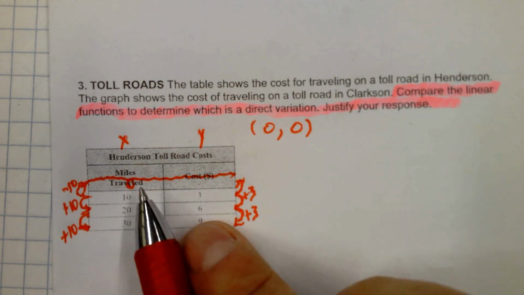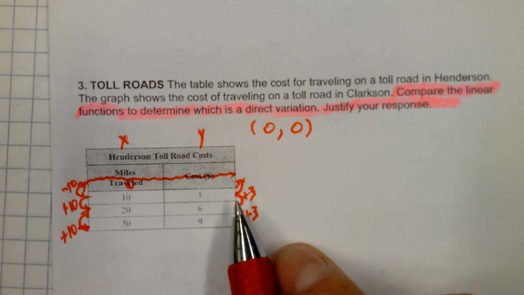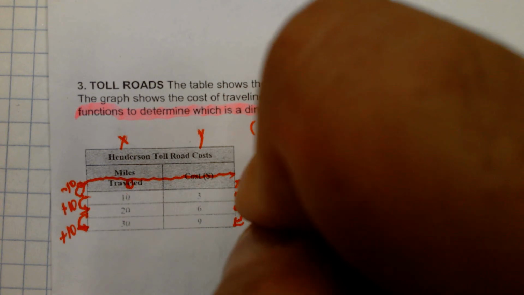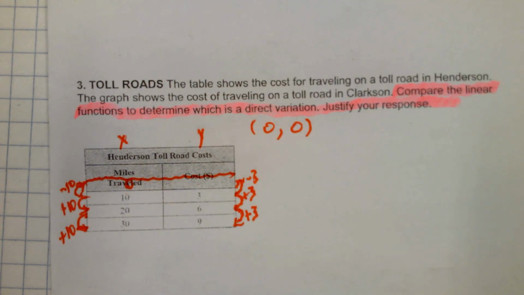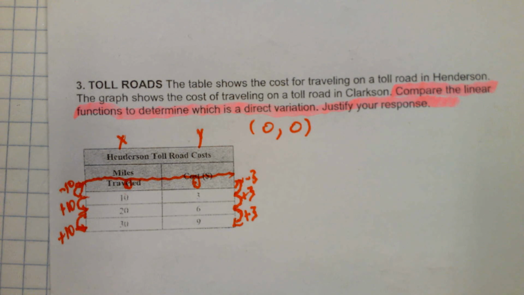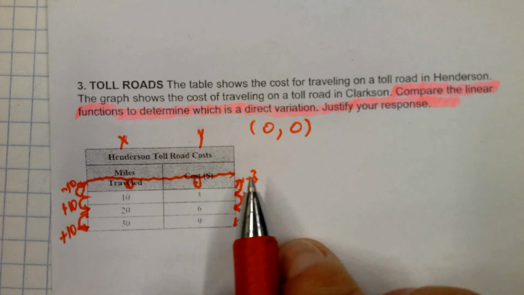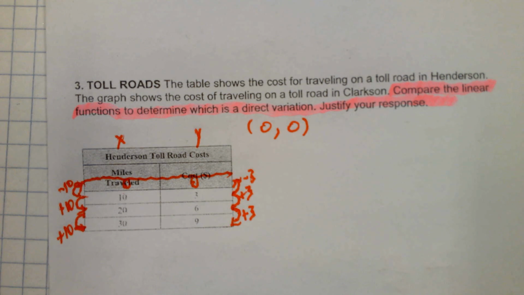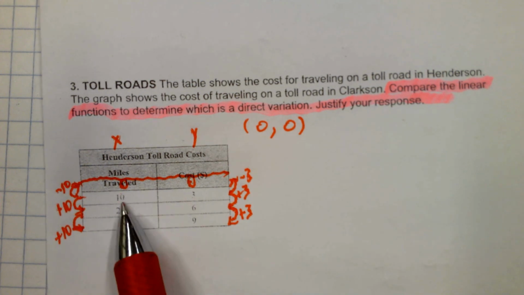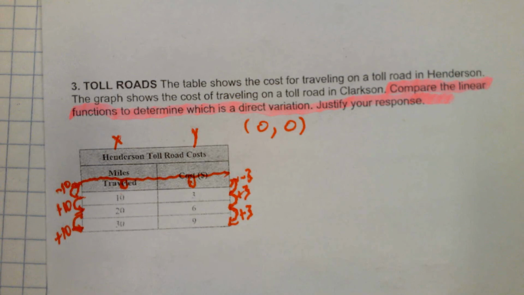If I was going up 10 for every 3 dollars, I have to go back 10 for every 3 dollars. So take away 3 from 3, and what do we get? 0. Okay. So is this a situation where we have a direct variation? Yes. Because at 0 miles, you pay $0.